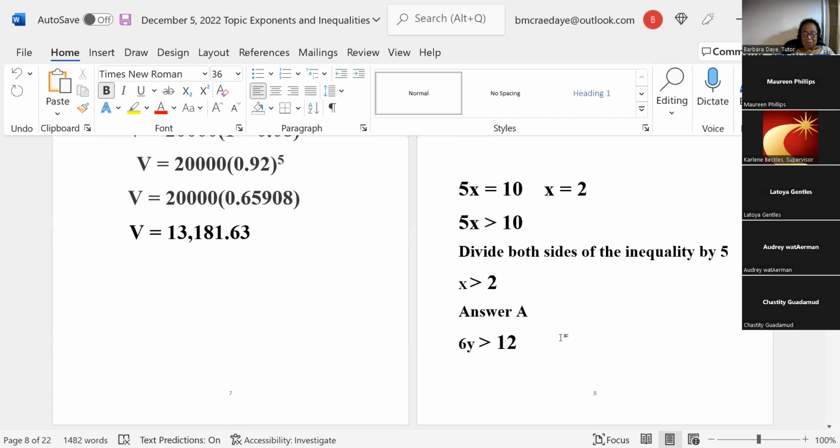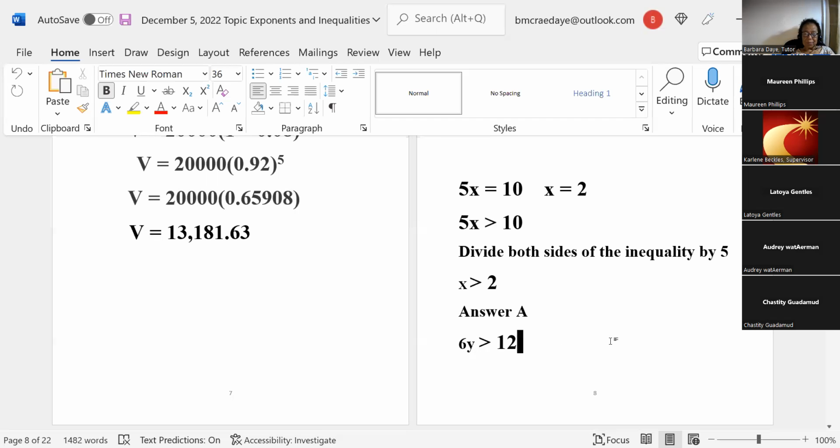When you look at something like this, you ask, what could be values of this variable y for me to get 6 times that value greater than 12? It can't be a 2 because that would be equal to 12.